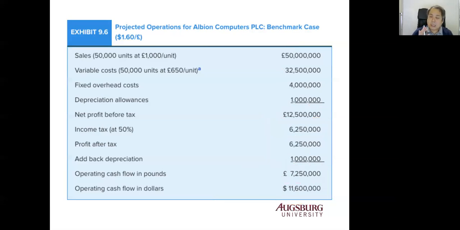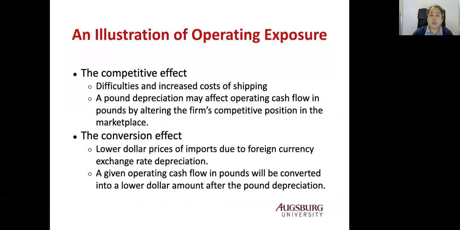Now let's consider the change in exchange rate. If the exchange rate changes, two effects may happen. The first is called the competitive effect. It involves difficulties and increased costs in shipping. So if the pound is depreciated, then it may affect operating cash flow in pounds by altering the firm's competitive position in the marketplace.